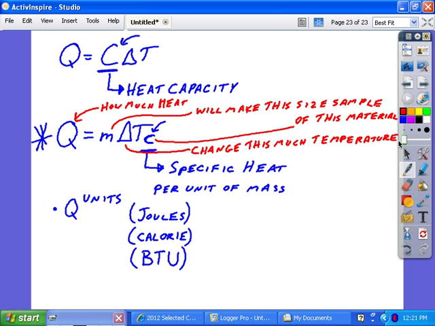That's the easiest way to think about it. How much heat do I need to make this much material of this individual specific material change temperature by this much?